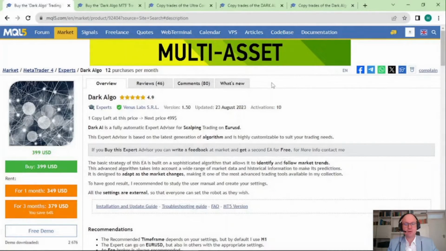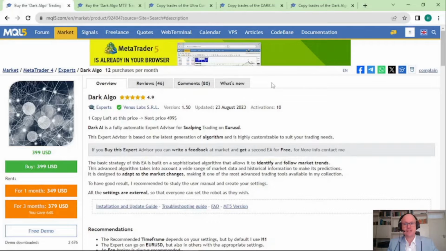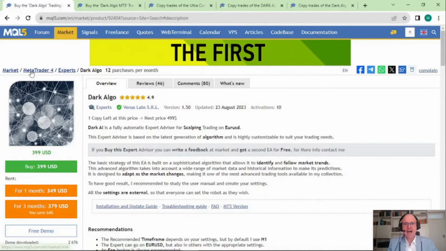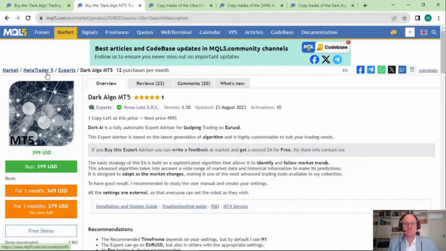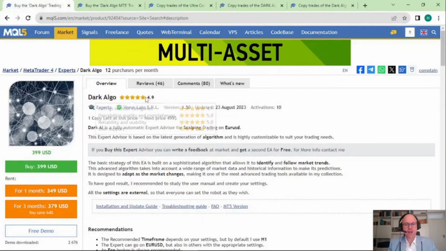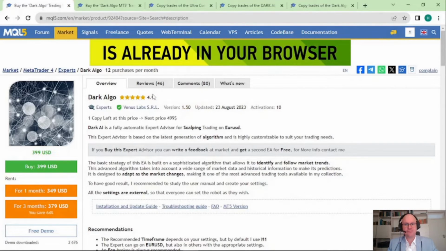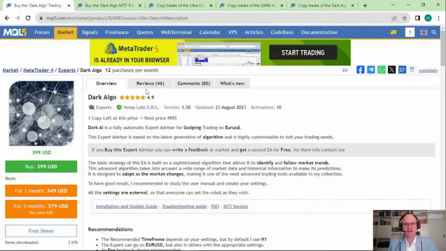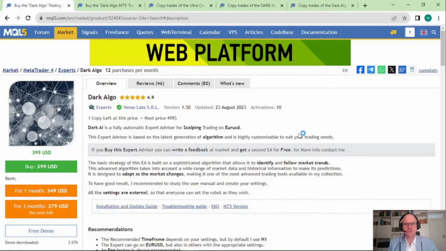Now, on the MQL5 website, you will notice that the Expert Advisor is available for both MetaTrader 4 and MetaTrader 5. And it has 46 reviews for MetaTrader 4 with a 4.9 rating and 23 reviews for MetaTrader 5 with a 5-star rating, showing us that the Expert Advisor has been well received by those trading it live in the market.